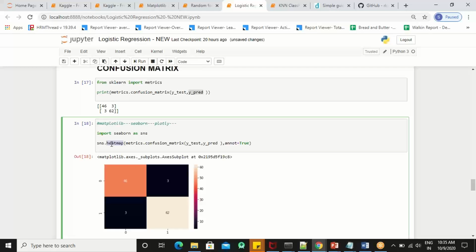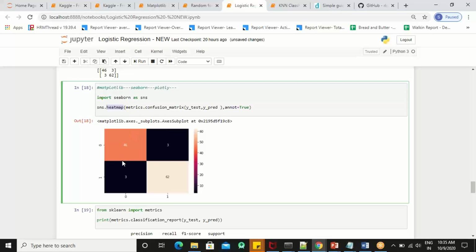So we have the heat map. Heat map, I hope you all are aware, is like this chart here. The colors specify the intensity or the heat. It may so happen that the darker color has the higher values, or vice versa, the lighter color has the higher values.